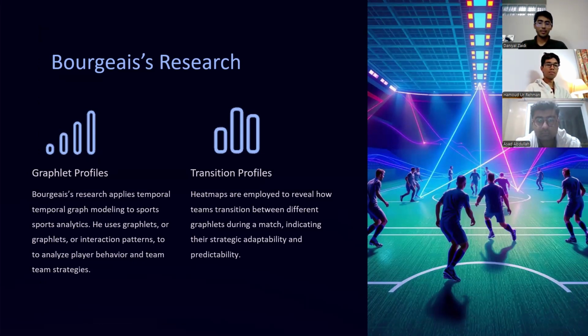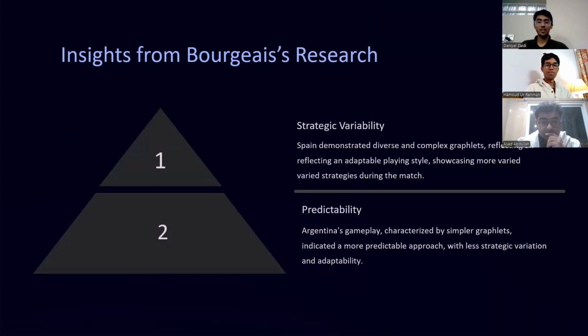While discussing the overview of Borges' research, he explores temporal graph modeling to enhance sports analytics by examining player interactions and team strategies during matches. His approach captures the dynamic nature of team performance through evolving graph representations. Firstly, he uses graphlet profiles.